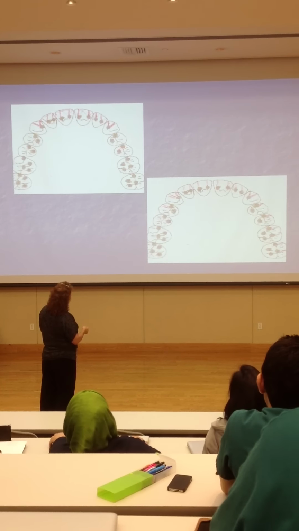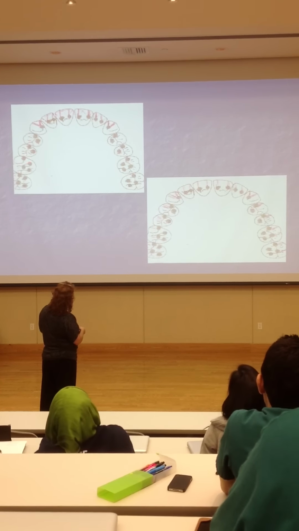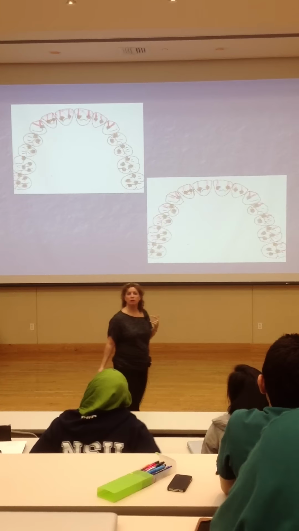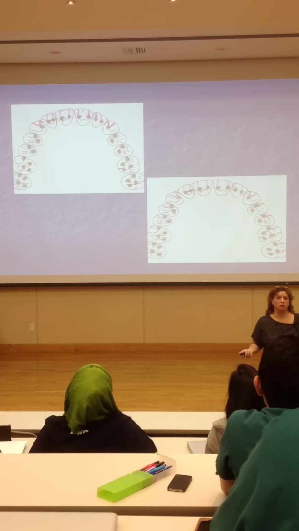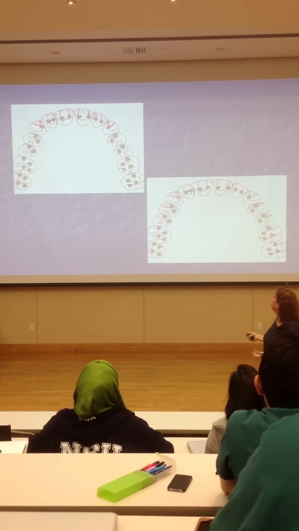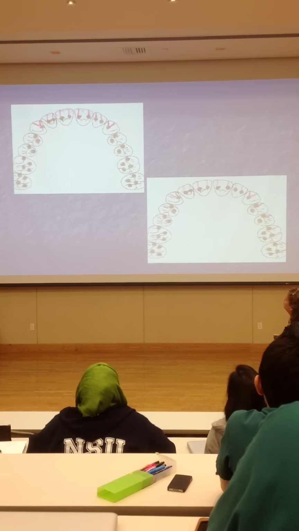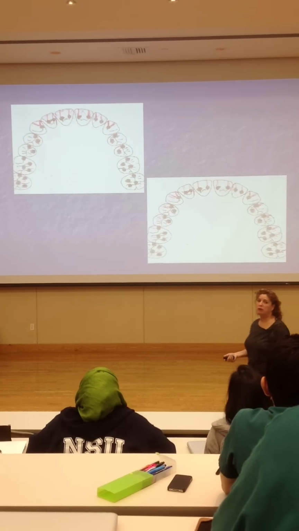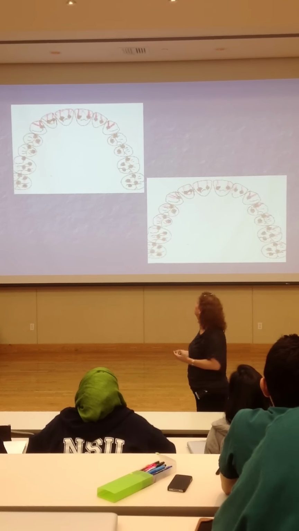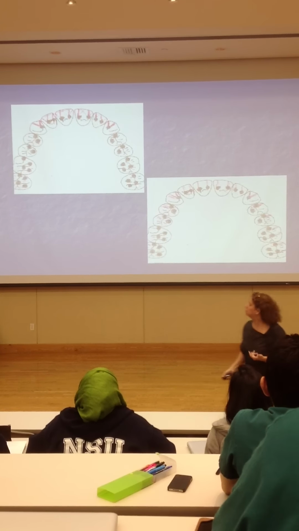Why aren't there any marks here for lateral movement? Because there's exclusion. Okay. Now, there is mark number 1 and mark number 2. Which one are the lateral movements? Number 1 or number 2? Number 2. Okay.